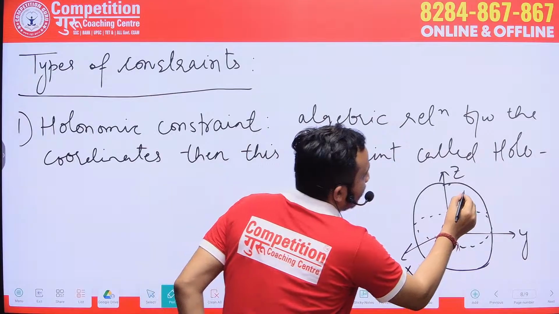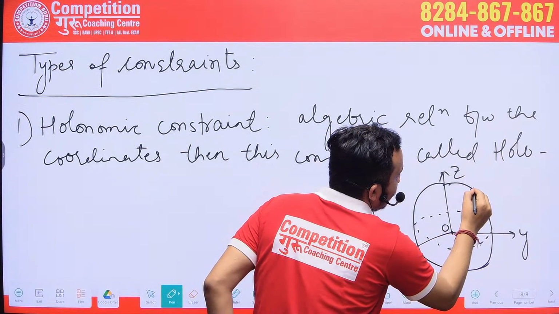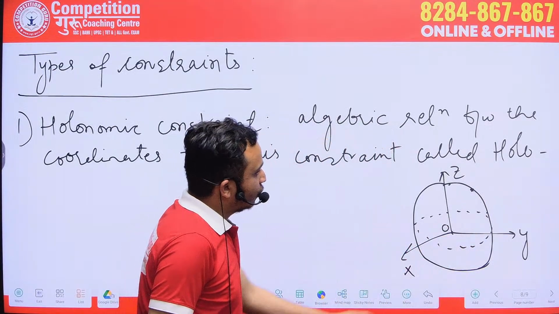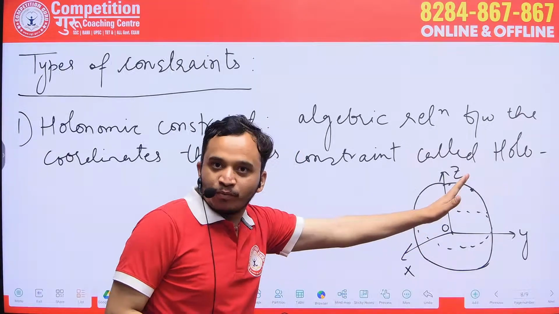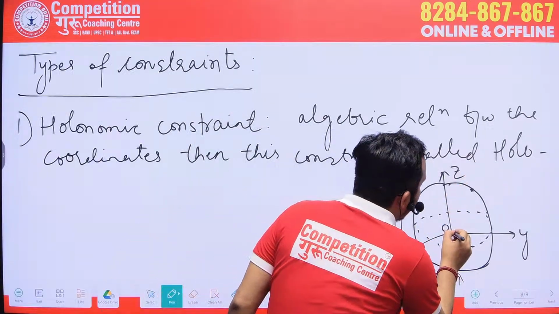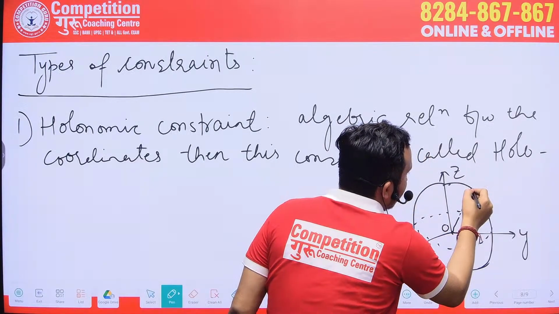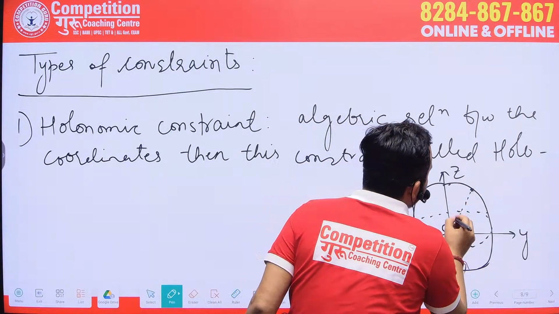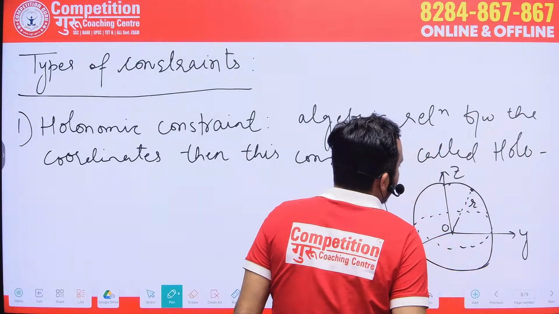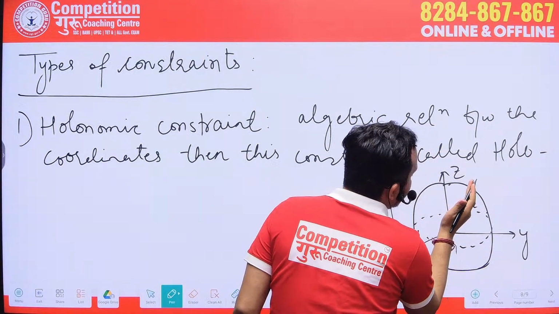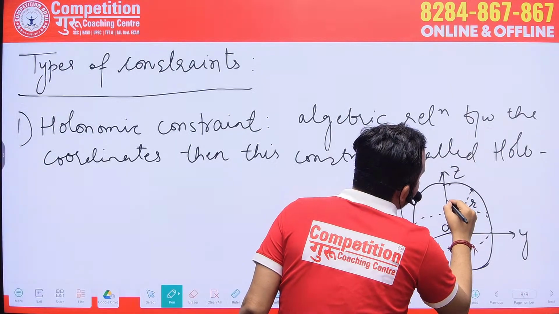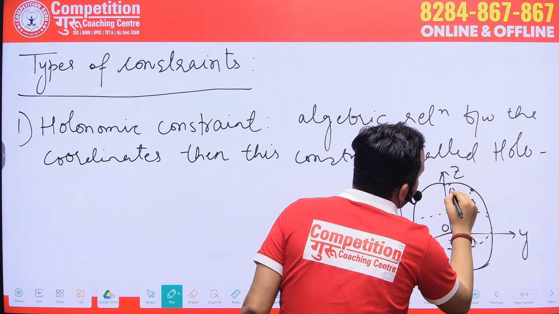So here is some point P on the surface of the sphere. To describe the position of this particle, I will connect the origin and this position, and that is called r. And the angle made by this position vector r from the z axis is called theta.